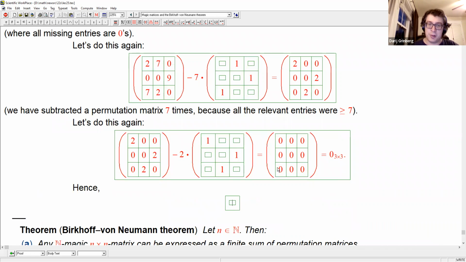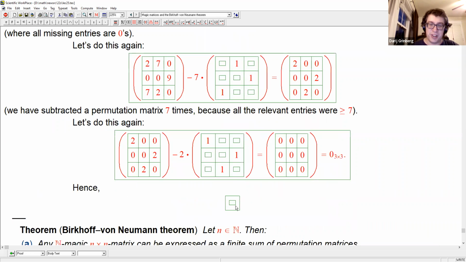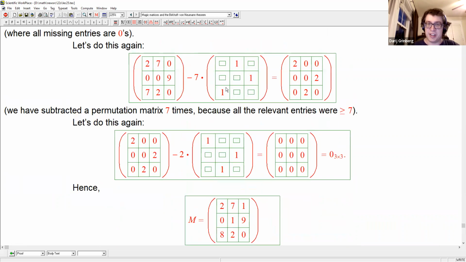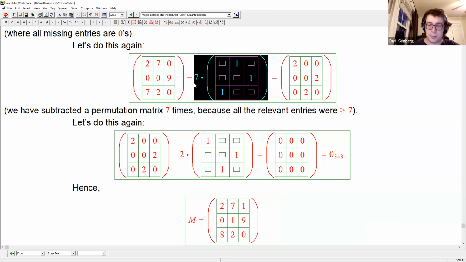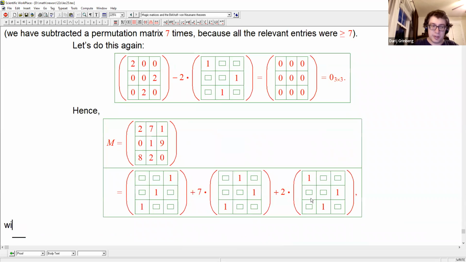So now if you back substitute, you see that the original matrix M is what we subtracted first, plus what we subtracted second, plus what we subtracted third. So this is clearly a sum of how many? 1 plus 7 plus 2 permutation matrices.